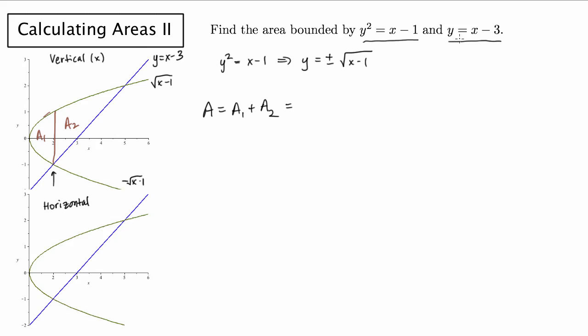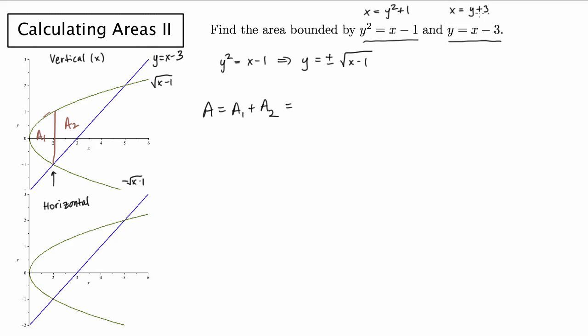Now, in order to compare them, it's going to be best that we have something common to substitute in and set equal. For example, if I take y squared equals x minus 1, I can rewrite this as x equals y squared plus 1, and this can be rewritten as x equals y plus 3.